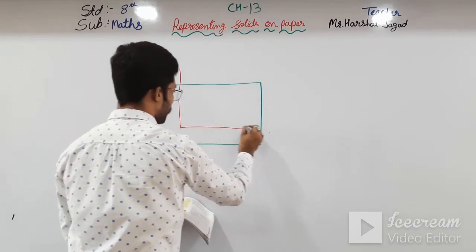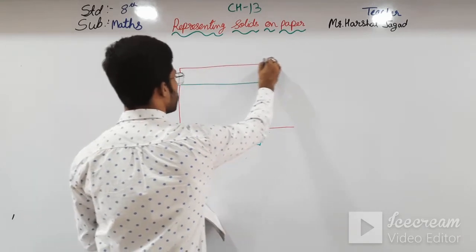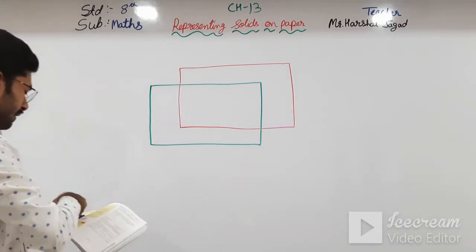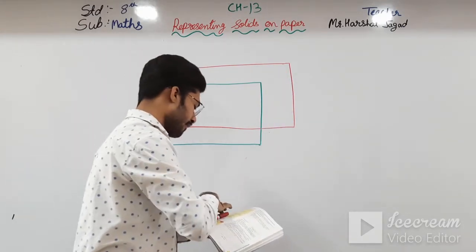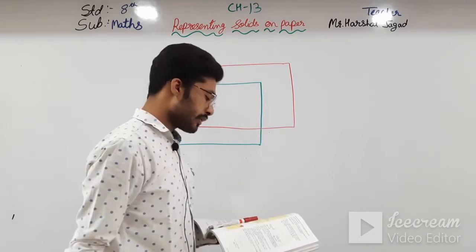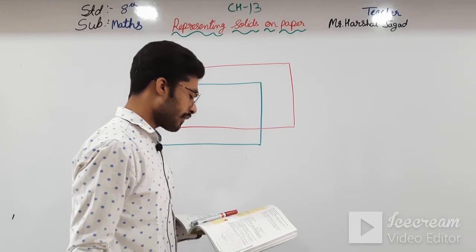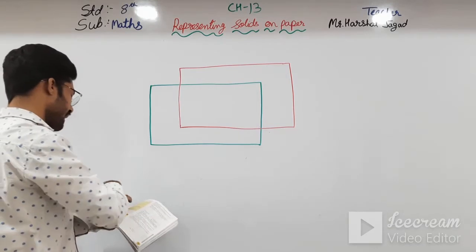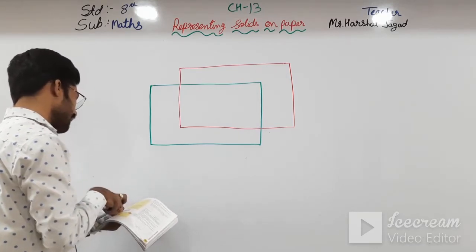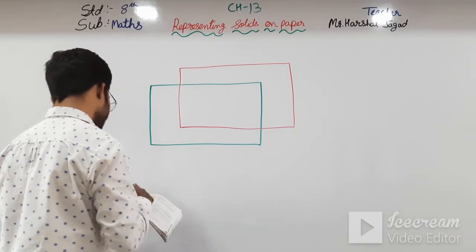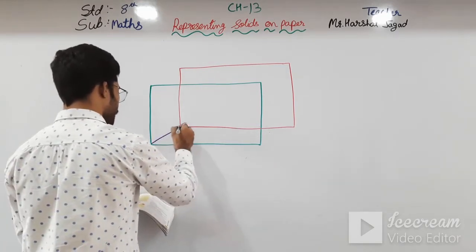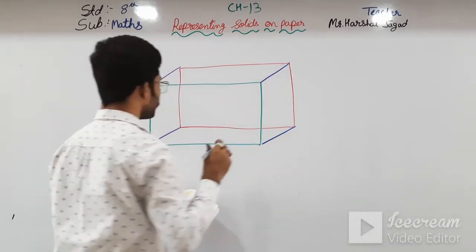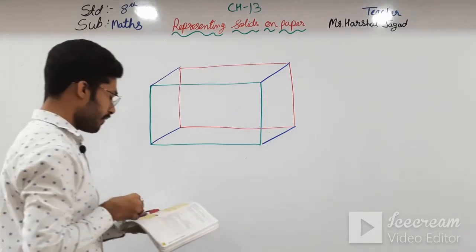Now use straight lines to join the corresponding vertices of the two faces together. Now we are joining the lines. See, here we have joined the points.